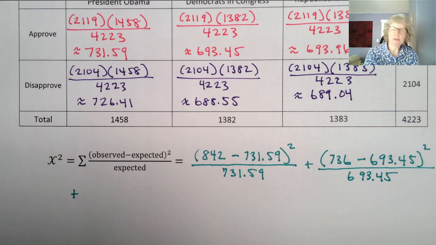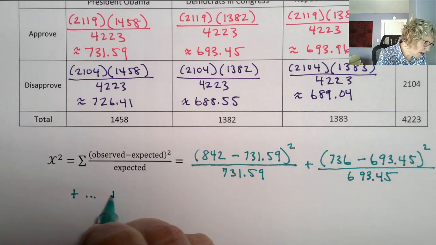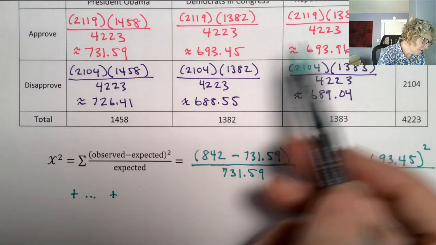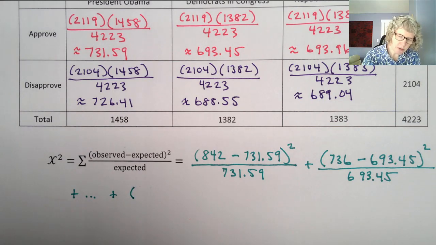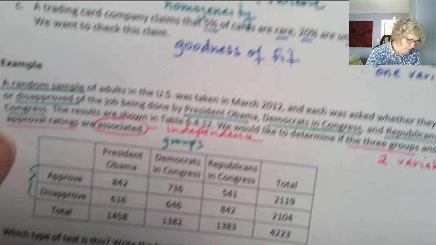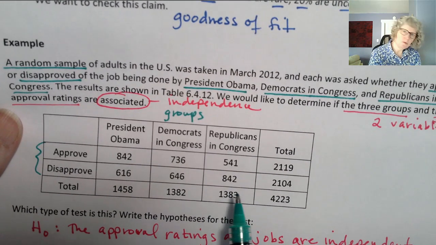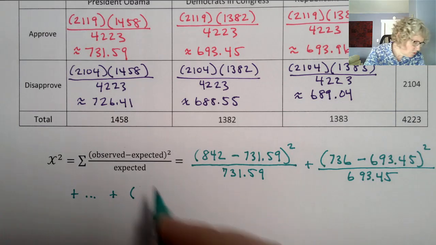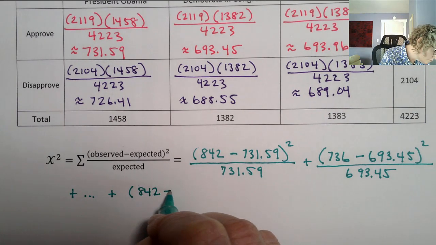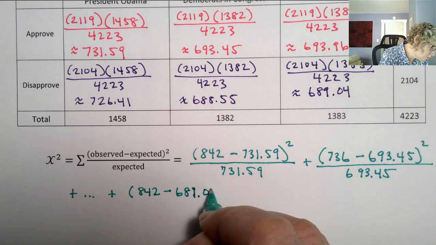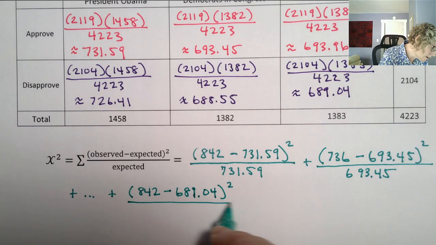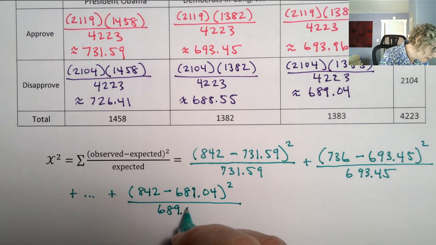Now, I'm generally going to require you to write out one of these terms, and you can do a dot, dot, dot. I'm going to do the last one, so I'm going to say dot, dot, dot for those middle three. I'm going to do the last one. That's sometimes how we show a pattern in math. I will do the last one, which is 842 minus 689.04 squared over 689.04.